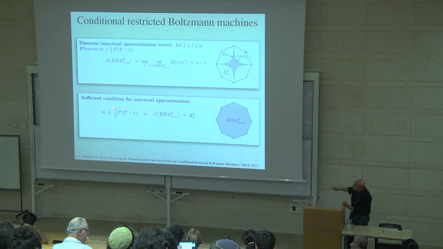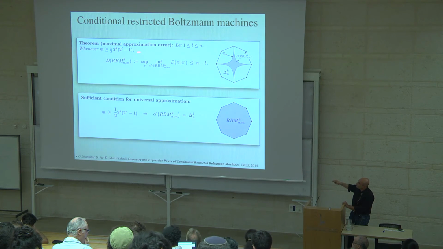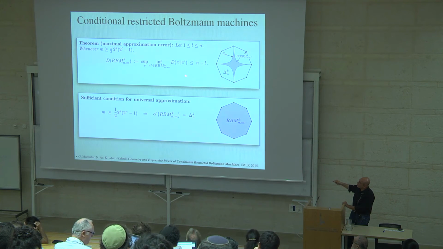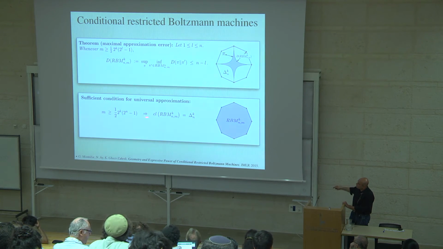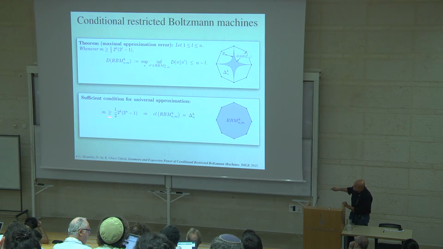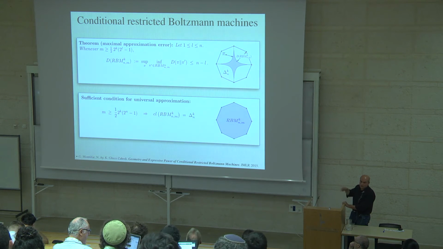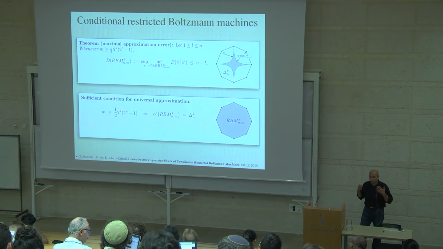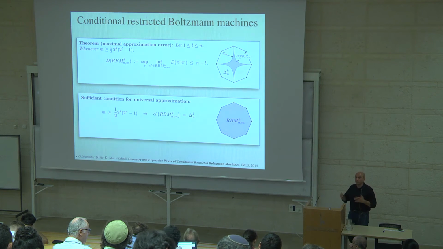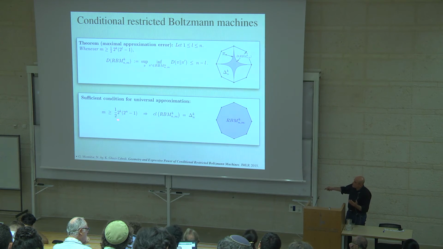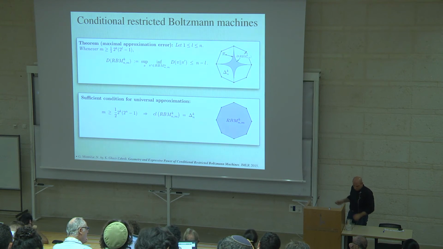From this estimate, as a corollary, we get a sufficient condition for universal approximation, which means if m is greater than this bound here, which is greater than the bound that I have shown before, then you know you fill the whole polytope of conditional probability distributions. So if you want to model all policies, then you can be on the safe side if you choose m greater than this.